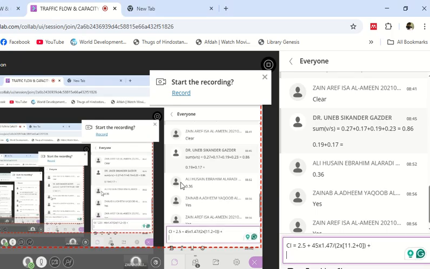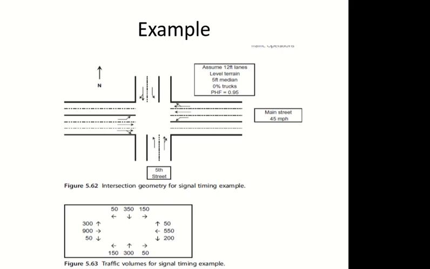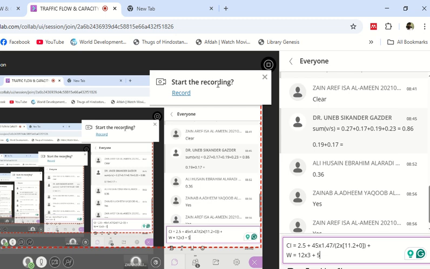So W is 12 times 3 plus a median of 5 feet, which is 41 feet.